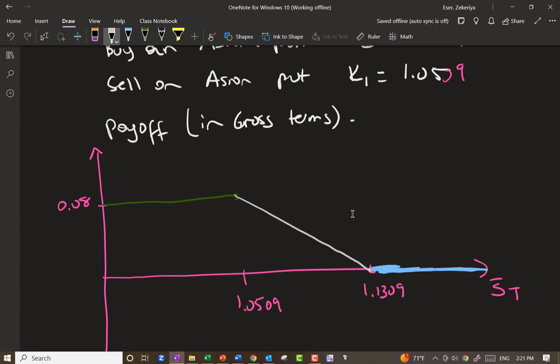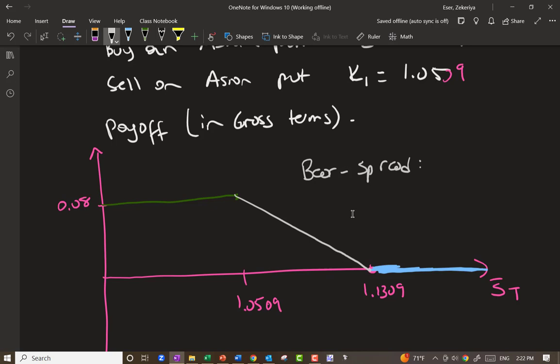This is actually called a bear spread. You do believe that it's going to go down, but not by too much. Again, if it's below 1.1309, you're going to make some money, but how much you're going to make is capped at 8 cents.